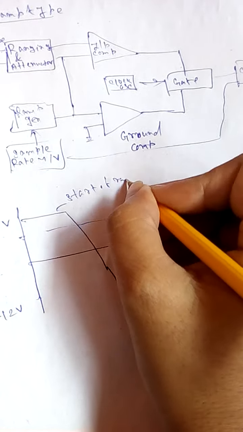The first coincidence and the second coincidence give the time T, which is calculated.